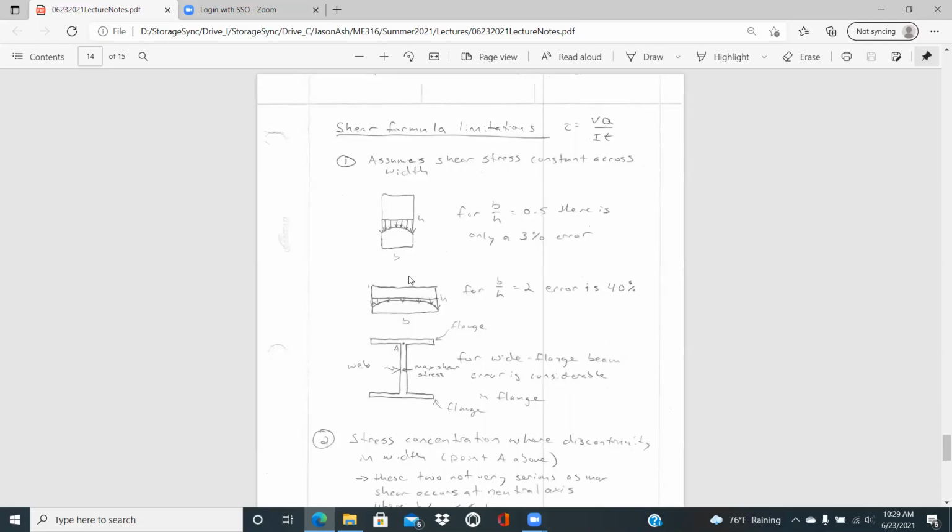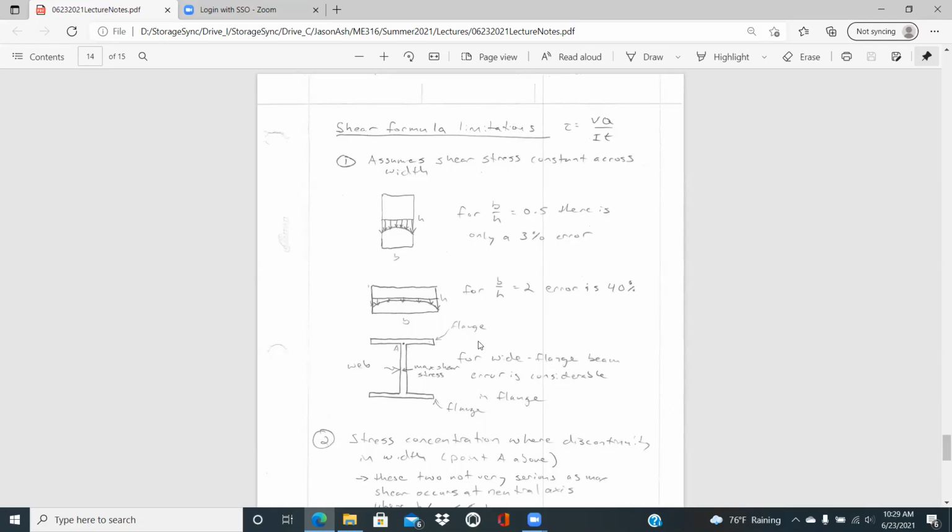But as your beam becomes wider and less tall, so your base is twice the height, your error climbs to about 40%. And so that's good to just be aware of, the limitations of the shear formula when you're dealing with a wide beam, that you're going to have a fairly significant error in that.